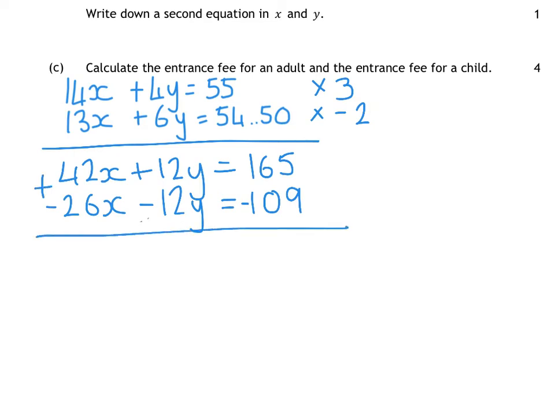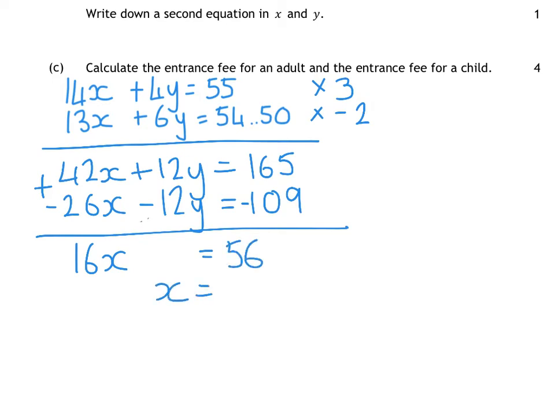Then it's just a case of adding these two rows together. Now it is a calculator paper, so make sure you're being extra careful with the calculator. 42 take away 26 is 16x. The 12s will cancel out, and the 165 minus 109 gives you 56.